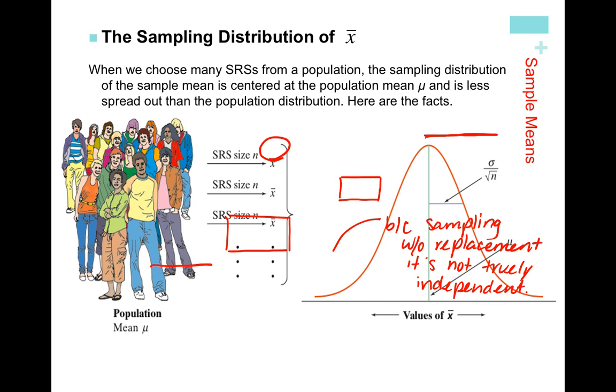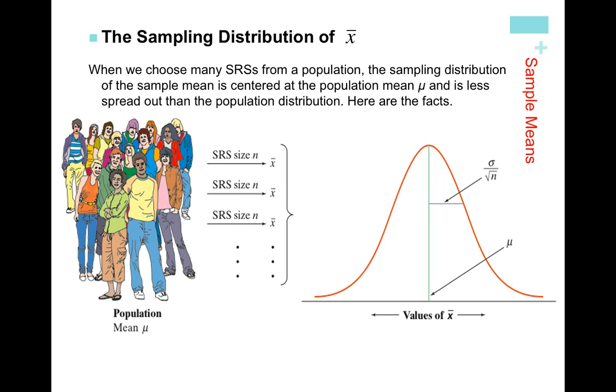So here we're looking at a diagram that kind of just combines the idea of a sampling distribution with these rules for the mean. So you have your population over here on the left-hand side. And what we're doing is we're taking repeated samples of the same size from that population, and we're calculating all of those X bar values.